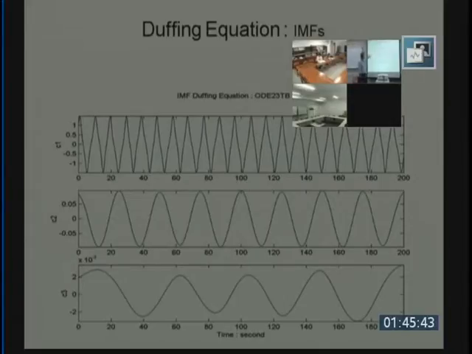This is 1.01, almost 2. This is 0.05. In a way, when we look at the physiological data, this is like a pulse, this is like your breath, slightly modulating the pulse in amplitude and frequency.